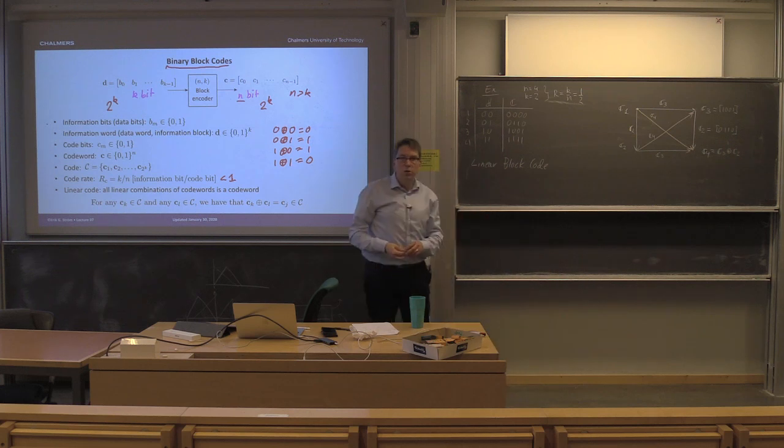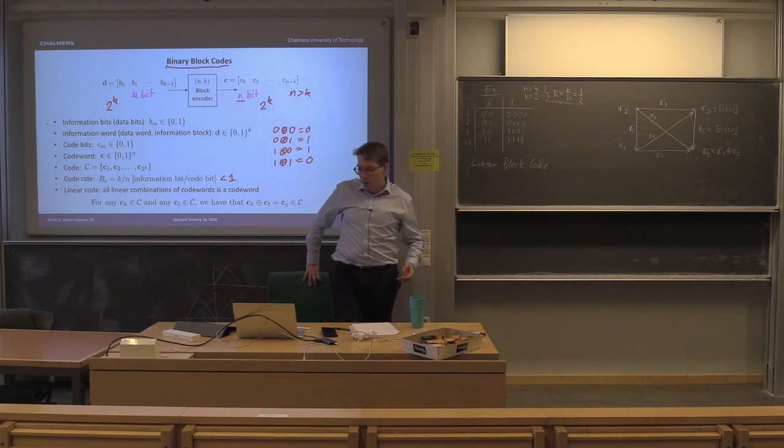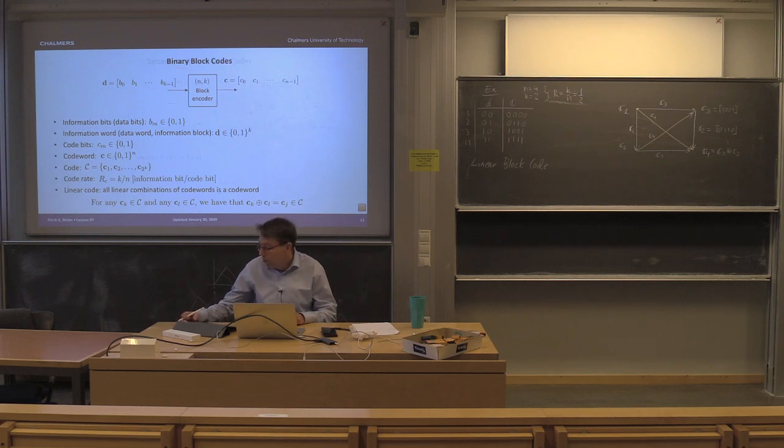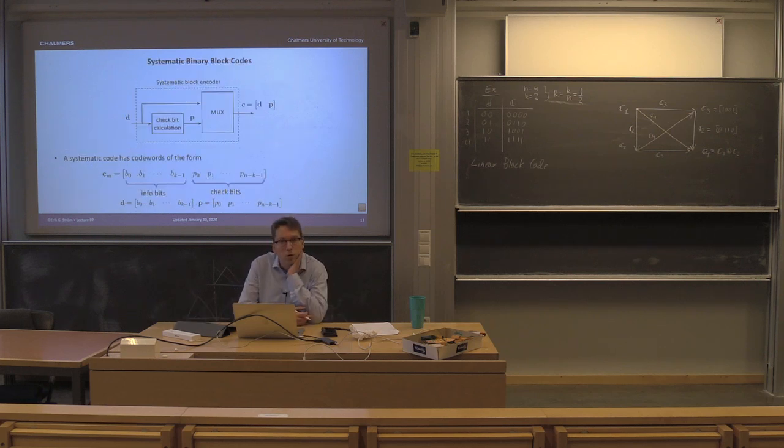And linear block codes are by far the most used in practice. So this is not an uninteresting special case. Systematic block codes is a special case of block codes where the code words have a certain structure. So the input is still D and the output is C. But the code word copies the input as the first k bits and then adds some extra bits to that.